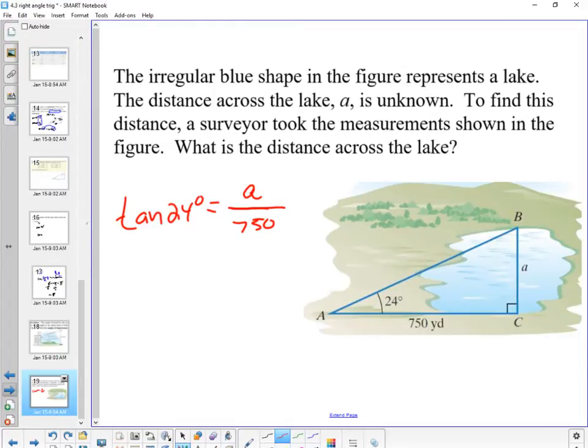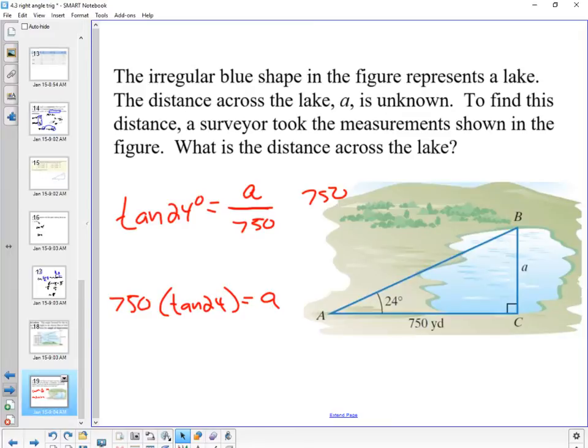We're just going to use some good old algebra here. A is being divided by 750, so I multiply by 750. So 750 multiplied by the tangent of 24 is the value of A. Make sure your calculators are in degree mode.